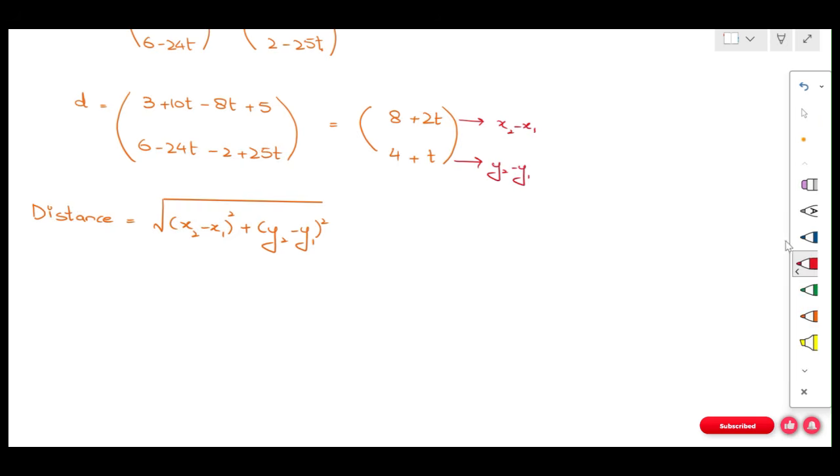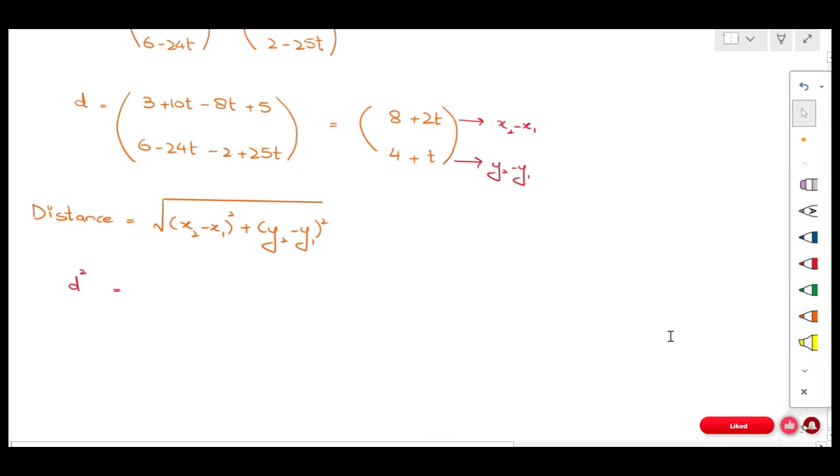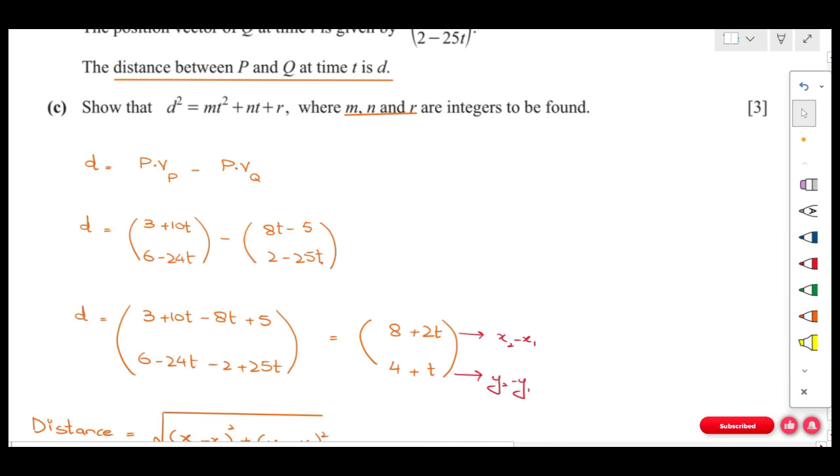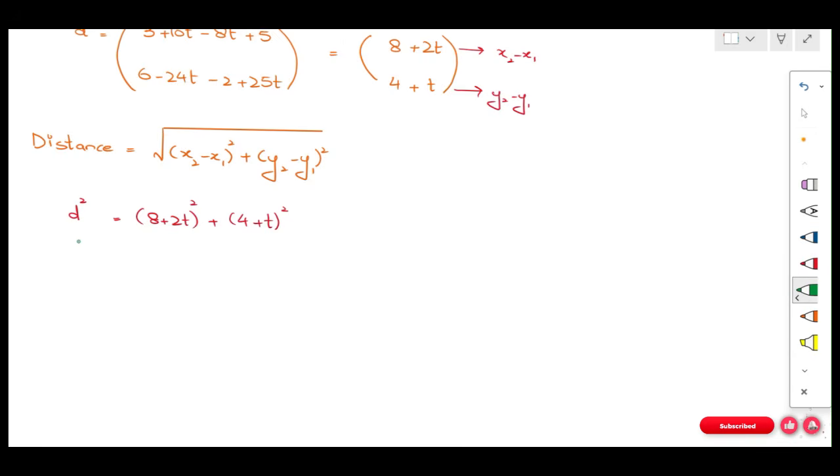So take their squares. Now what is d squared? When you square both sides, the square root is cancelled out. So we have (8 plus 2t) whole squared plus (4 plus t) whole squared, because we have to make the equation in the form d squared equals something. That is why I took the square.